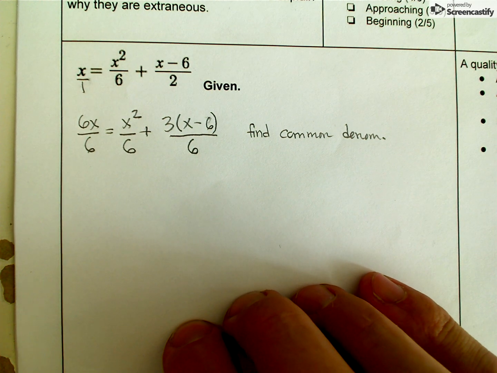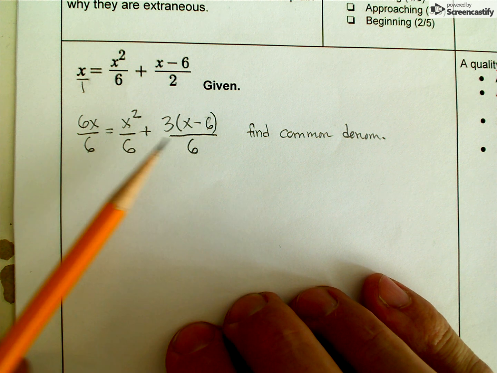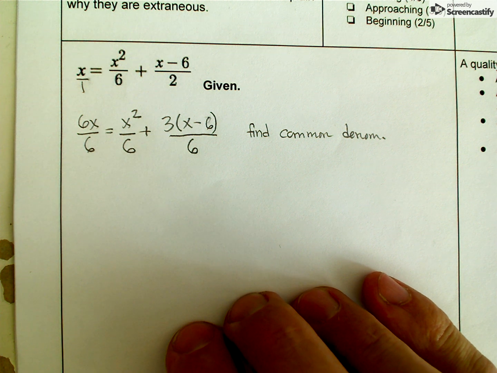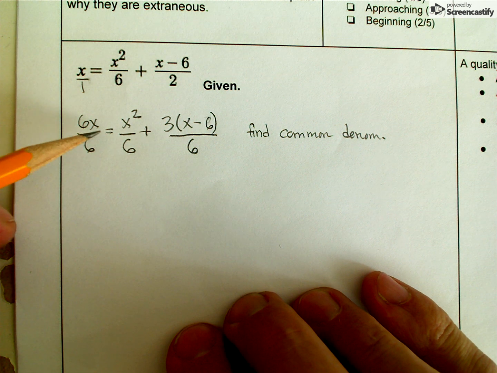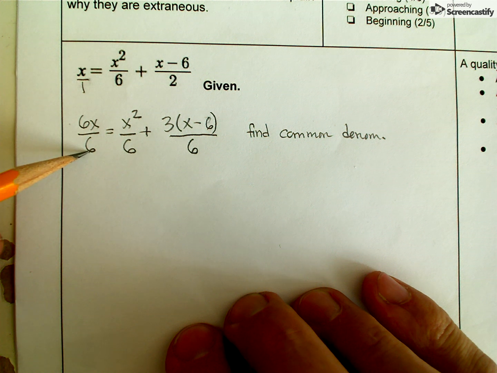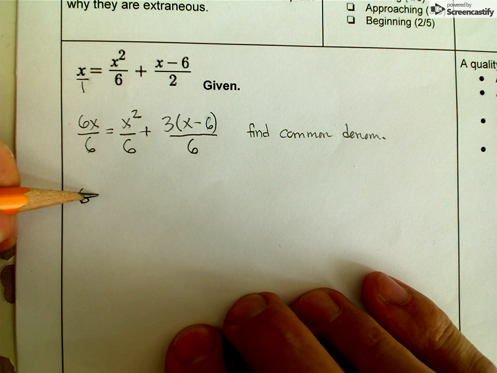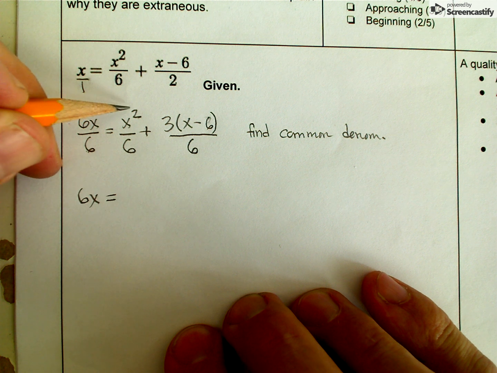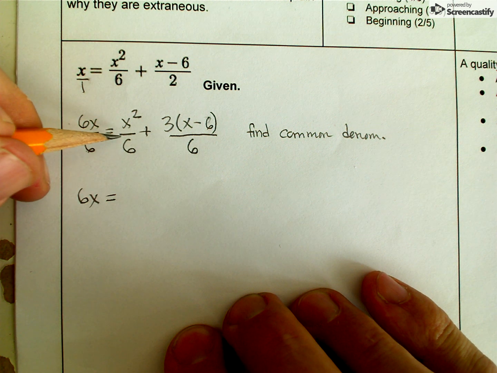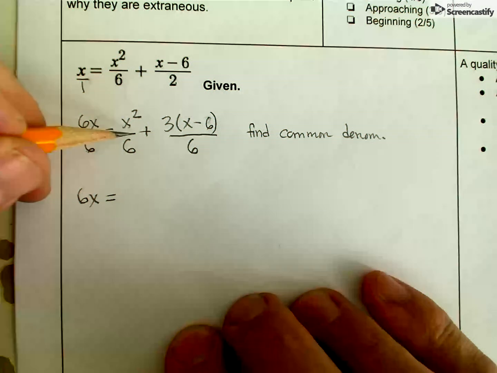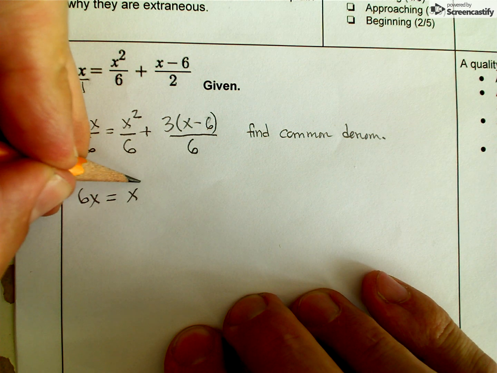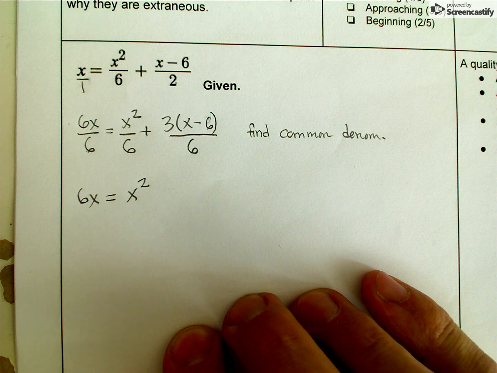Now, if I multiply both sides of this equation by 6, that's the same as multiplying each of my 3 terms by 6. And if I multiply this first term on the left-hand side by 6, the 6 on the top and the 6 on the bottom will cancel out, and I'll just be left with 6x. If I multiply this term by 6, then I would get a 6 on the top, and it would cancel with the 6 on the bottom, and I'm left with this.